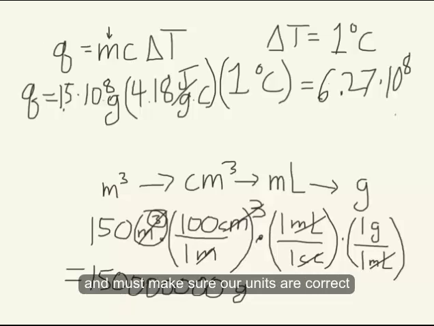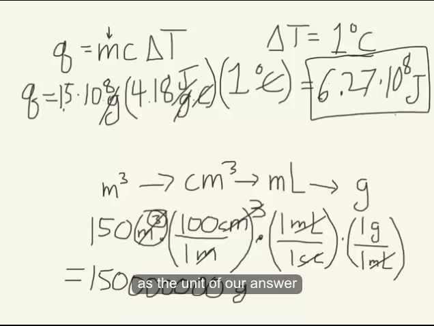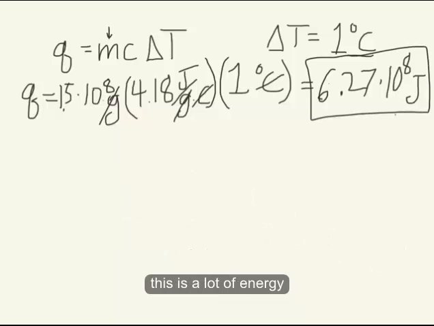And let's make sure our units are correct. We have canceled grams over grams. We have canceled Celsius divided by Celsius. So we indeed have joules as the unit of our answer. This is a lot of energy. This is 600 million joules, or 600 megajoules.